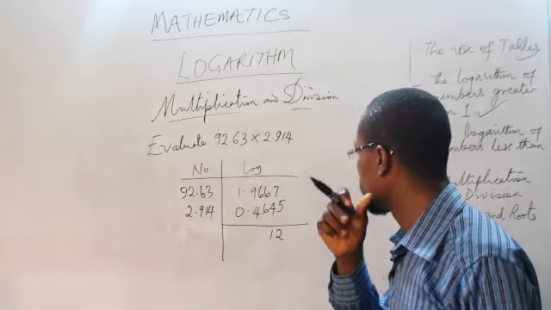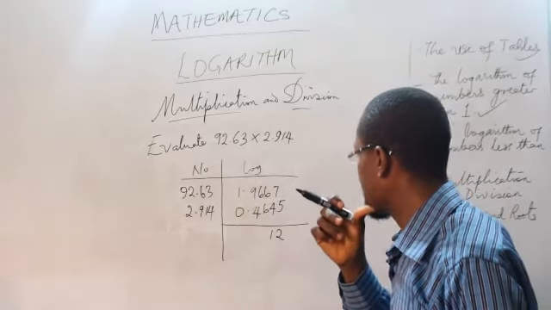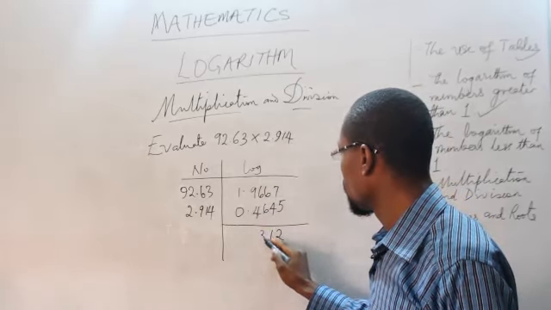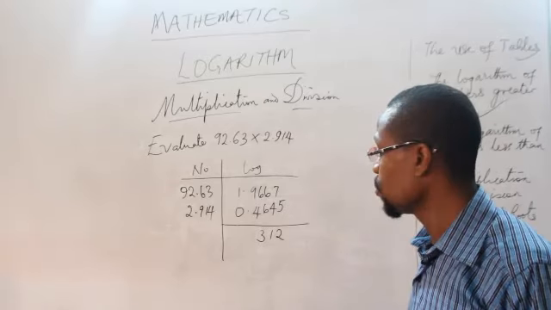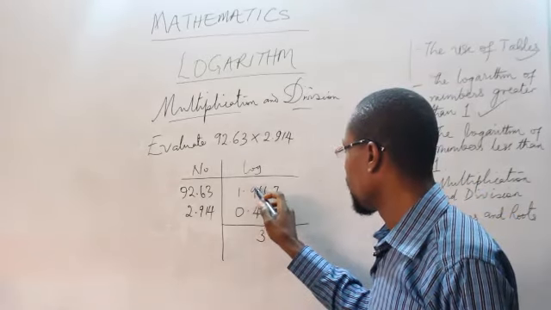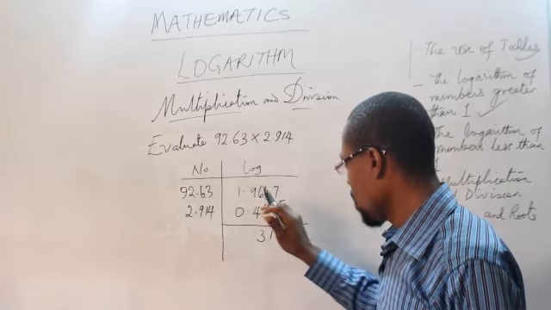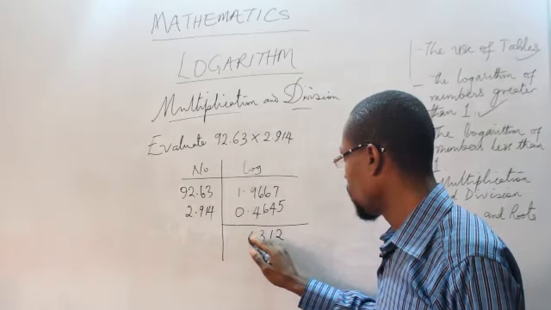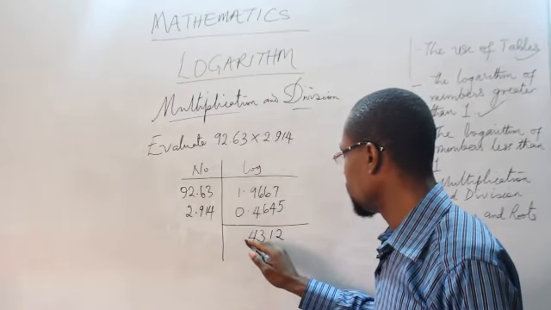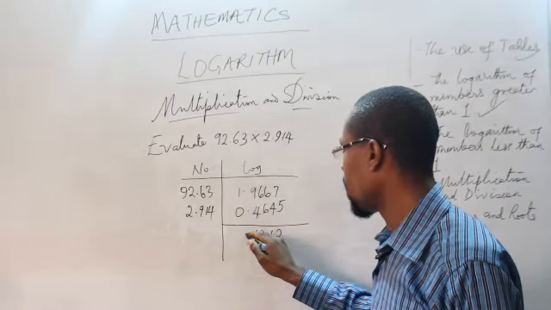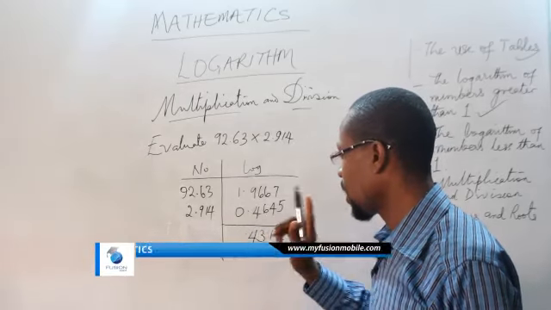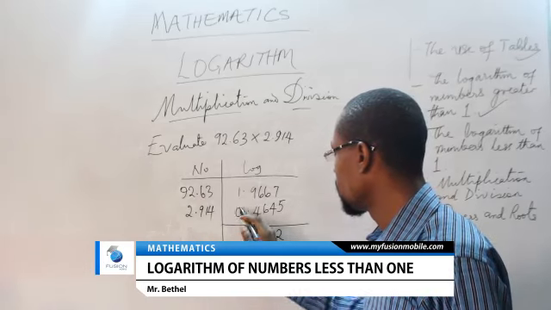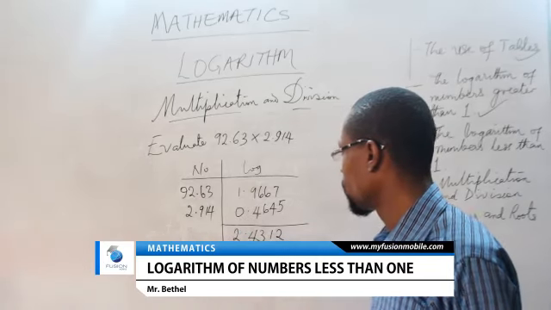And this becomes 7 plus 6 gives us 13. We drop 3, carry 1. Then drop 1 here, it becomes 10. 10 plus 4 gives us 14. We drop our point. We carry 1. So the 1 adds to this one, and we have 2.